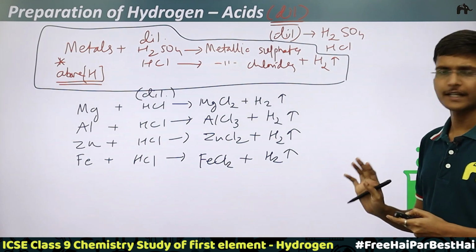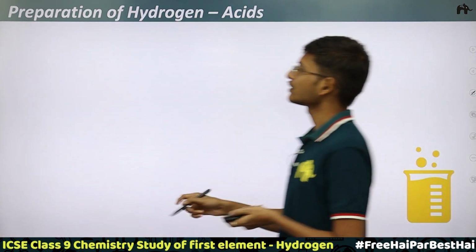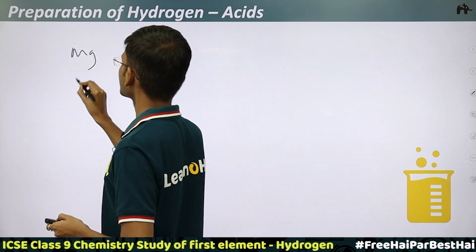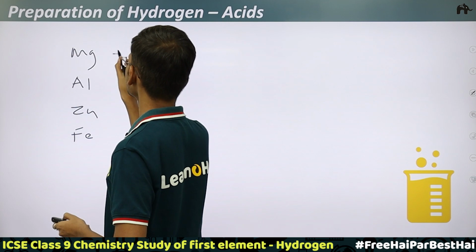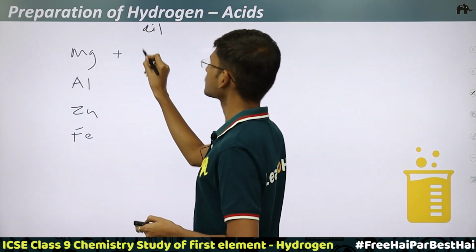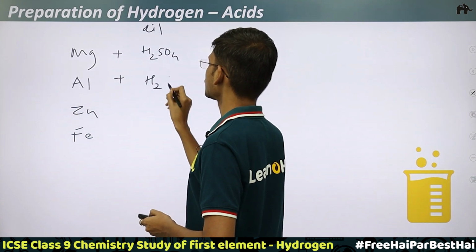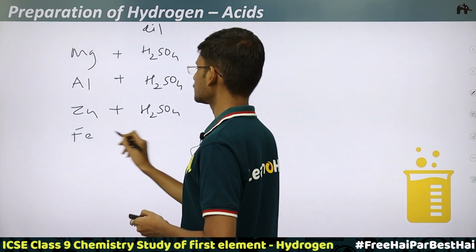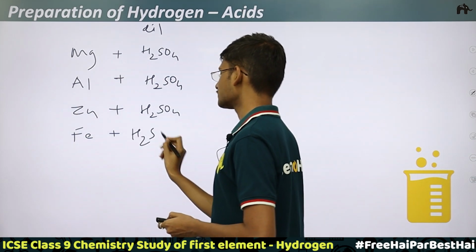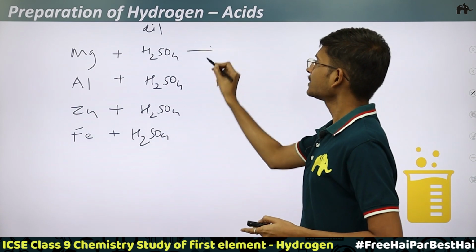Now in the same manner, they would react with sulfuric acid, correct? So magnesium, aluminium, zinc, iron reacting with dilute sulfuric acid. I like to call it dilute, whatever you can call. You just have to make your learning more fun. So now what would happen?